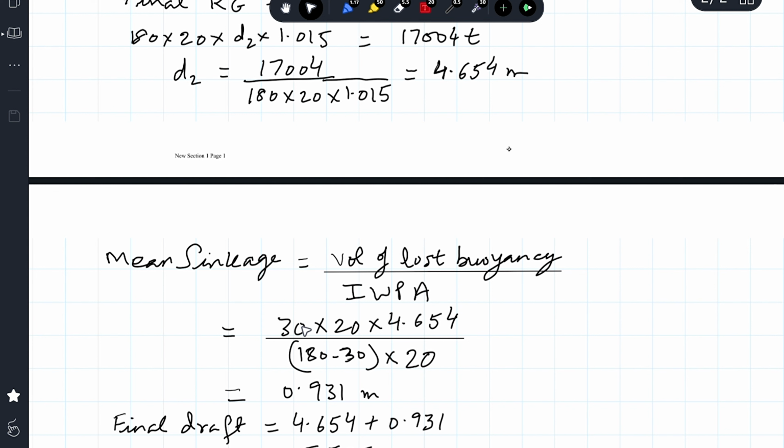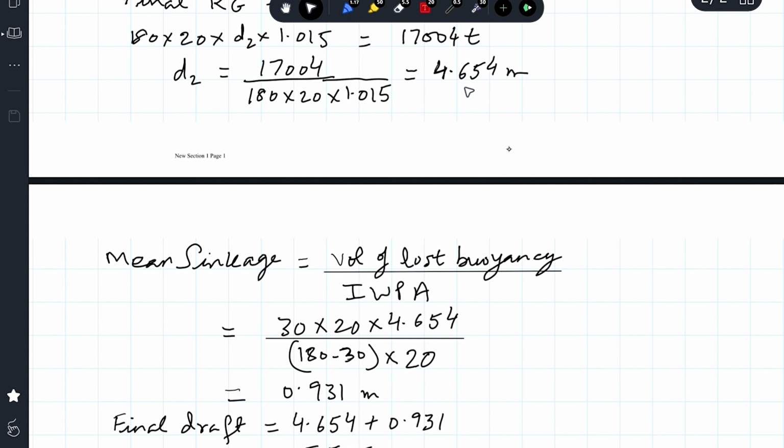Length of the tank 30 meters, breadth of the tank is 20 meters, and the draft below the water that we will take now is 4.654, because the weight of the seawater has been discharged.